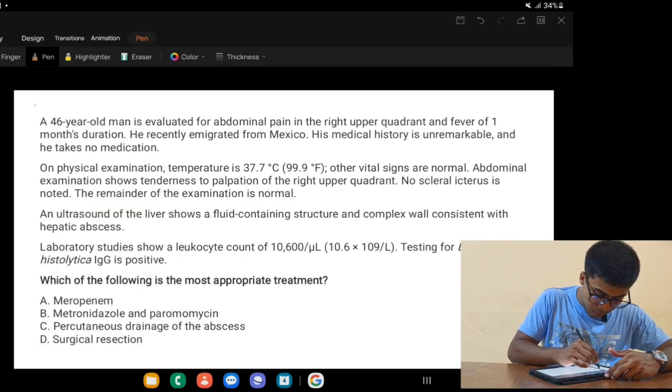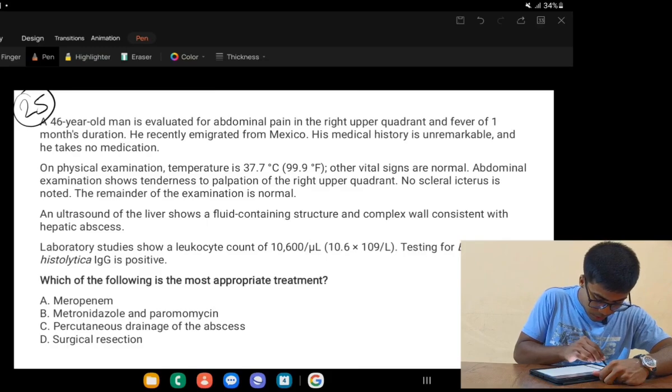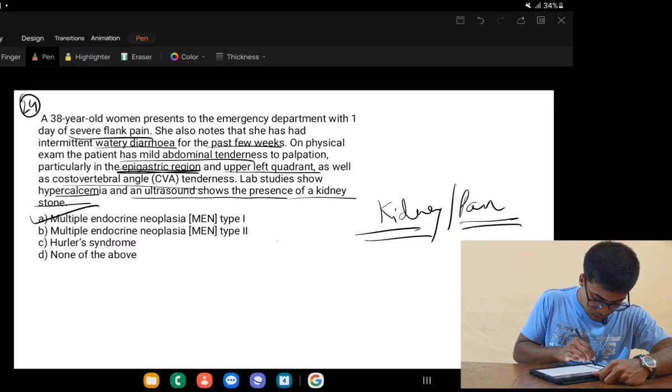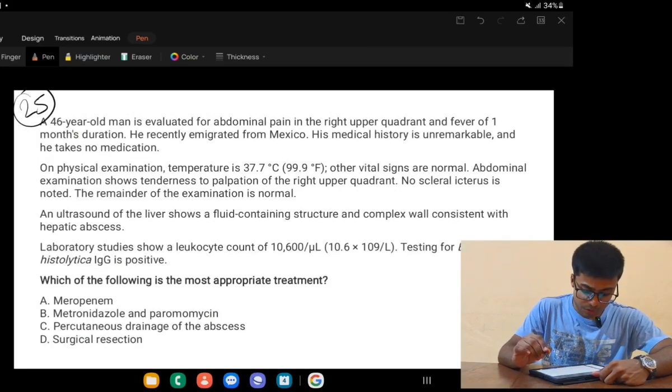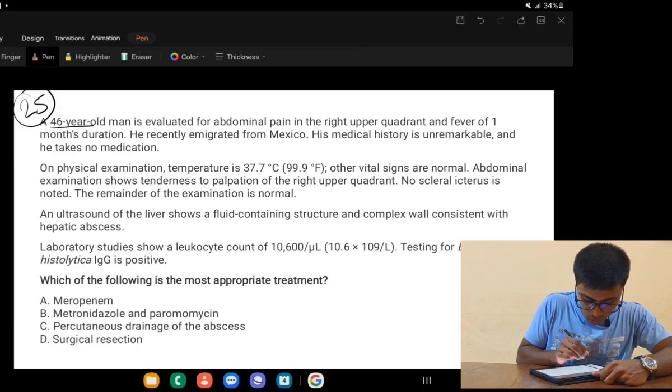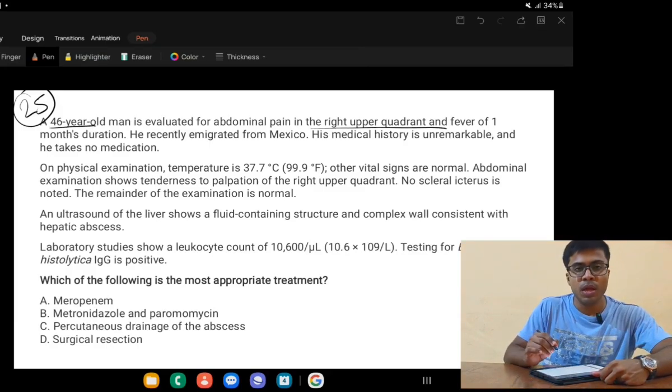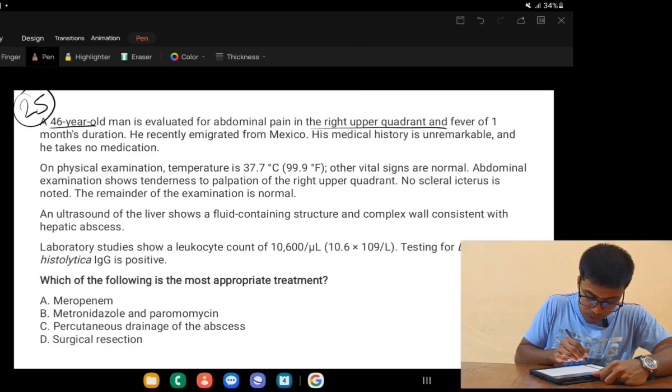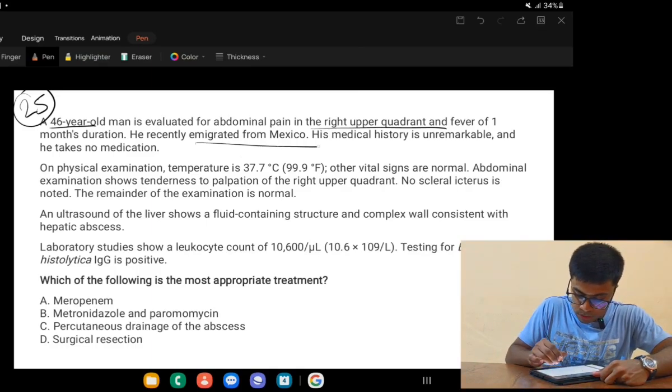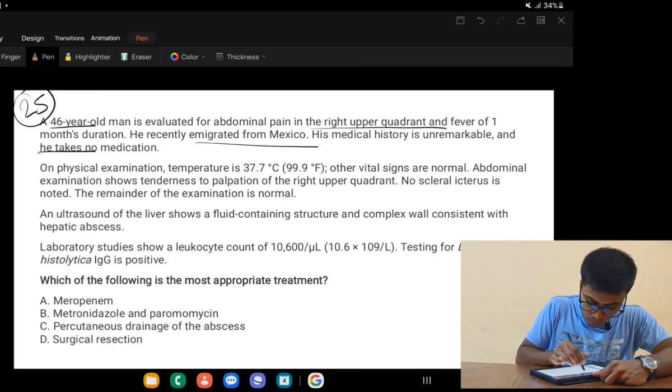That is question number 25. A 46-year-old man is evaluated for abdominal pain in the right upper quadrant and fever of 1 month duration. He recently emigrated to Mexico. His medical history is unremarkable and he takes no medication.